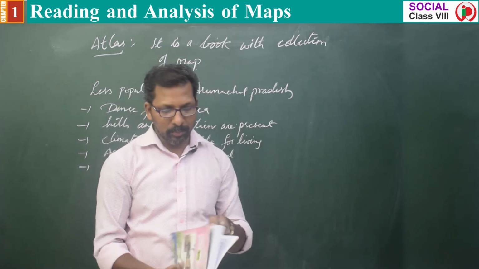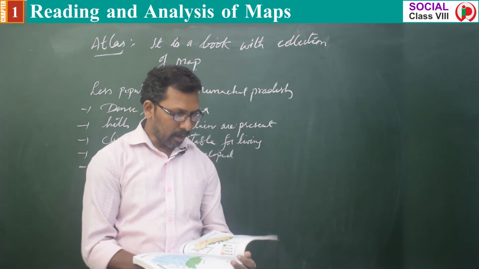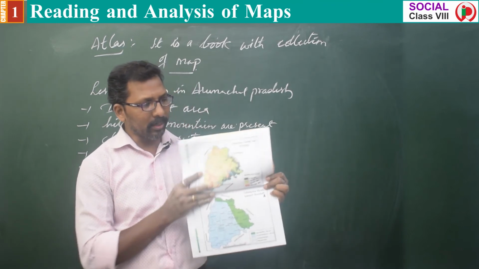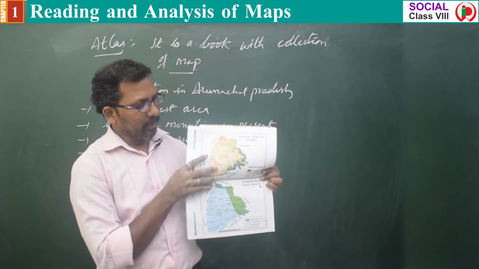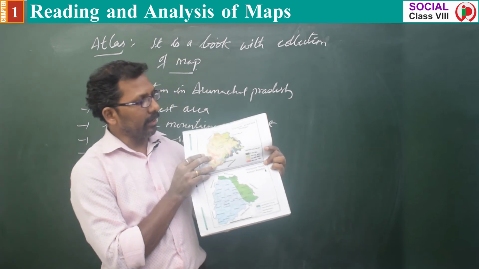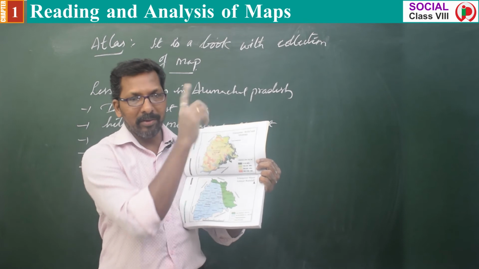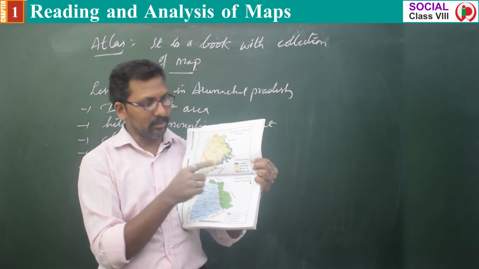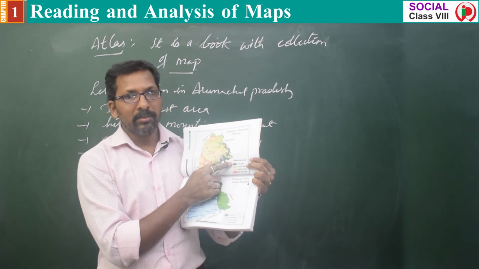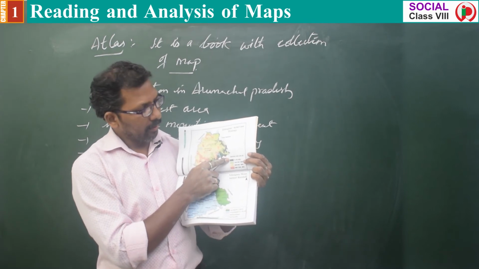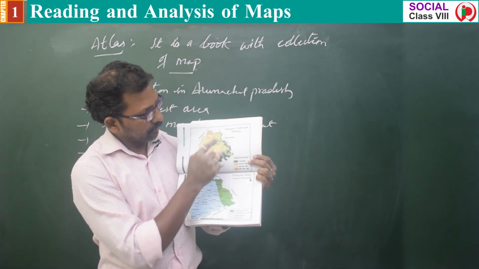Hope you understood this particular question. Now, a few particular maps are given over here. This is the drainage map. The dark green one, when we discuss color patterns, means vegetation. So here the vegetation is there.